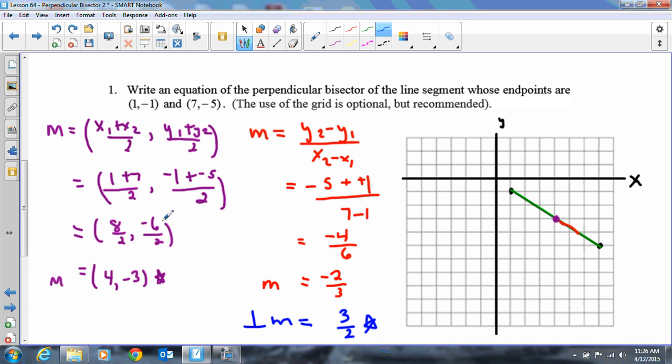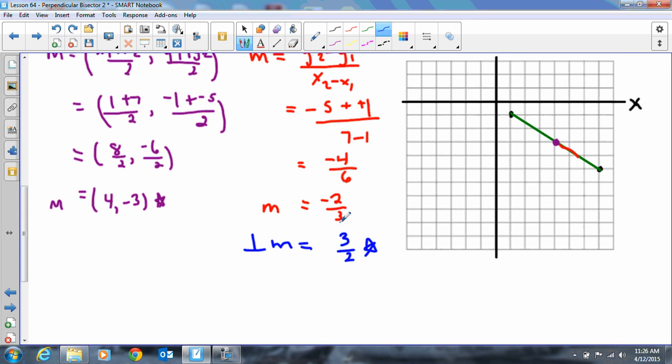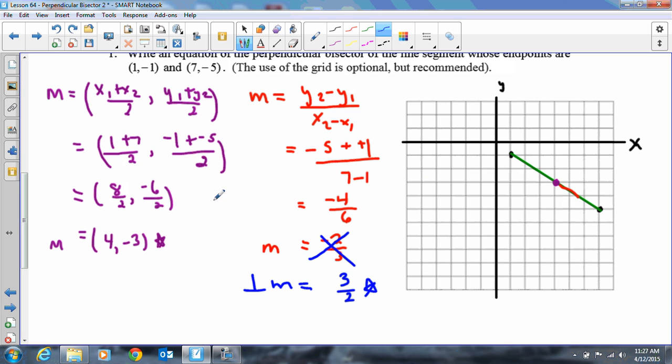You can put a star on that, because these are the two things we're going to be using right here. So again, change the slope right here immediately to the opposite reciprocal, and now you're going to use your midpoint. Okay, now you kind of can choose here what you want to do. You can start at the midpoint, and you can start to graph this slope if you want. For example, up 3, right 2.